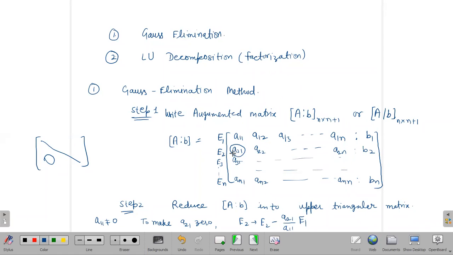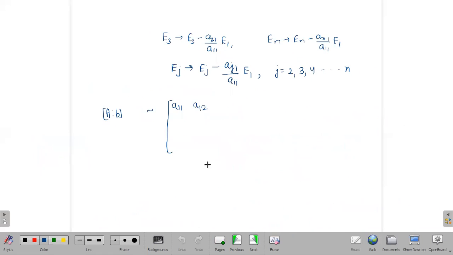Means you interchange your E1 with the nearest non-zero row, in which you are getting Aj1 non-zero. So you have to take care of this before applying the operations. So the A11 entry should not be 0.